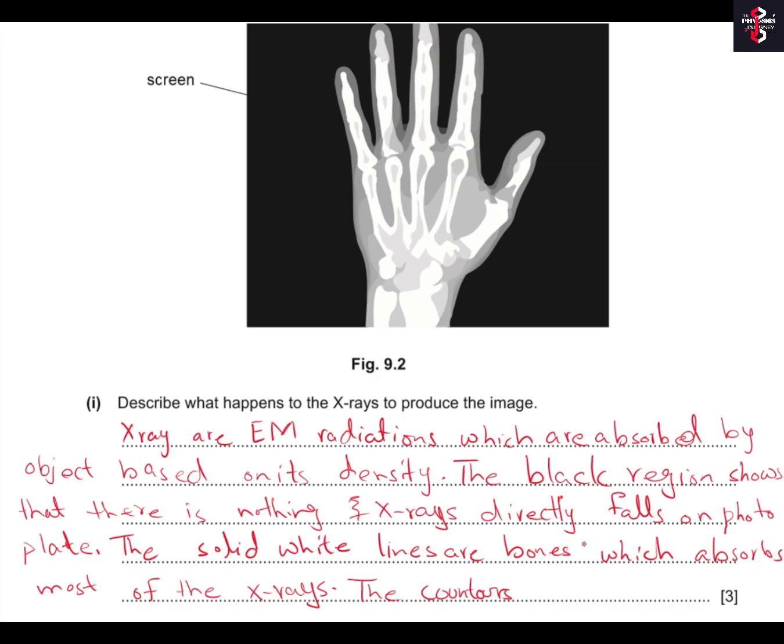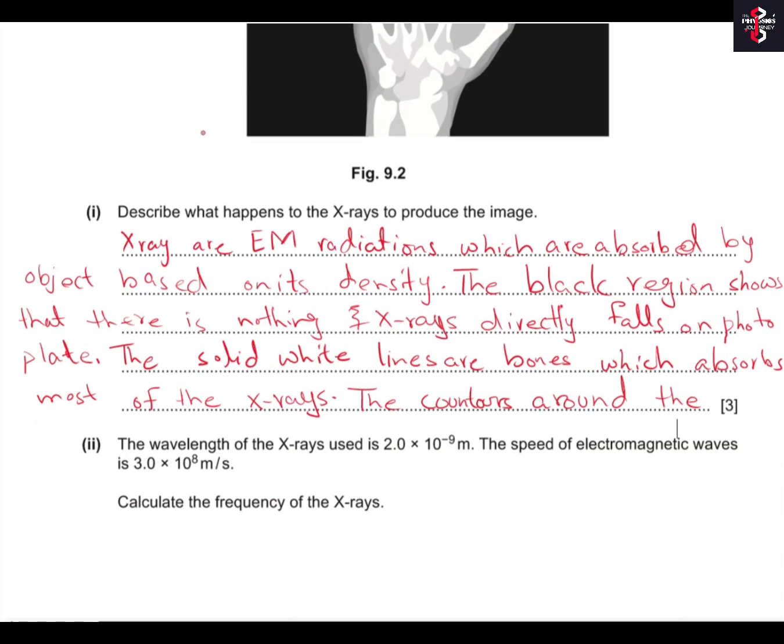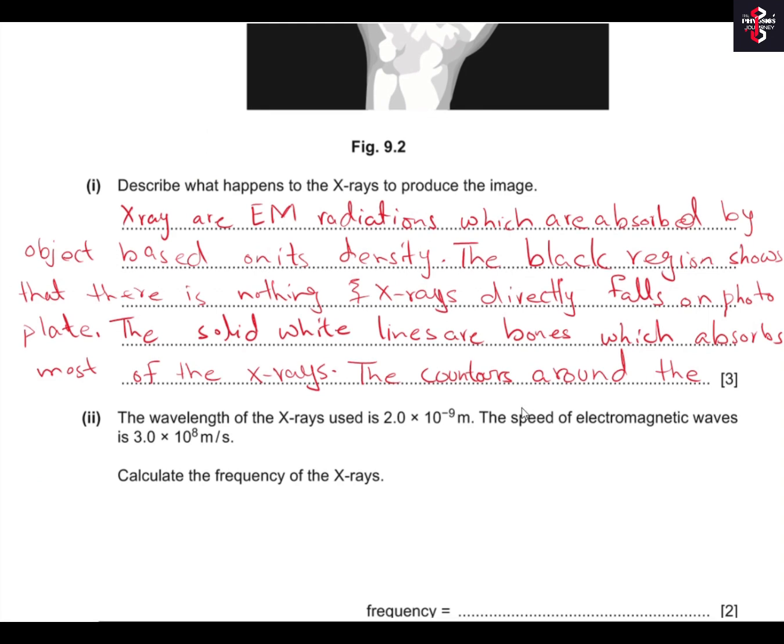The contours around the solid bones are tissues that absorb X-rays partially.